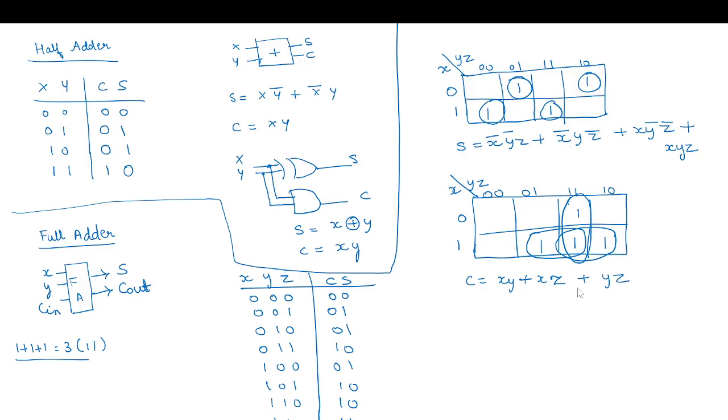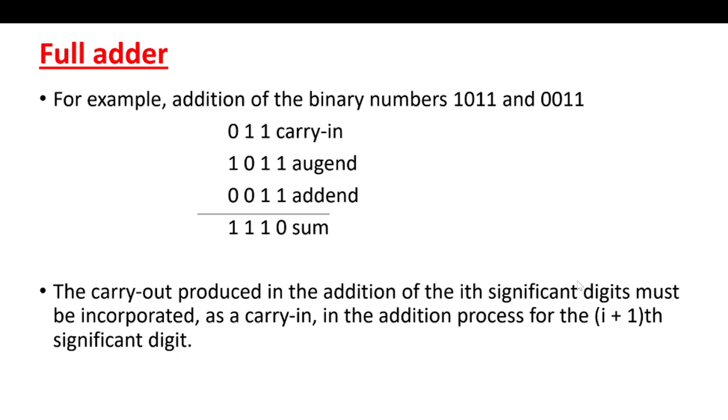Okay, so with this, for the full adder, like here, if you see, we need a full adder. At the starting, we don't have any carry in, so directly we can have a half adder, but here we need a full adder to add the input carry.